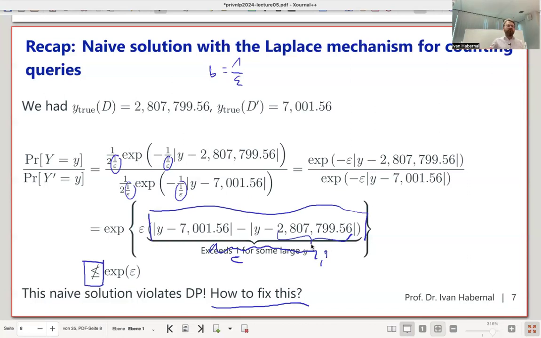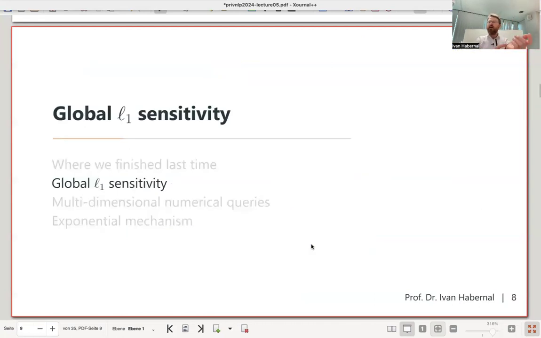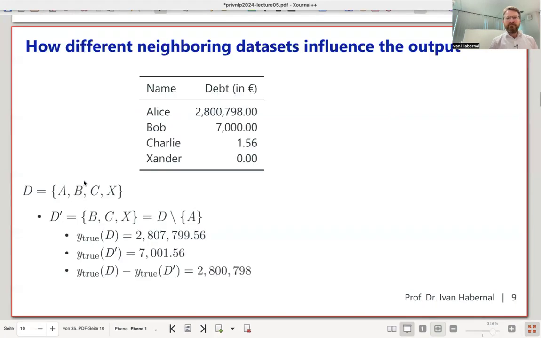Is it just a hack or is it a property of this mechanism? We will see later. This is a good approach: normalizing is basically a thing. It's a property of the task or of the domain, and it brings us to the notion of so-called global L1 sensitivity. We'll come to that exactly in the next slide, what it means.